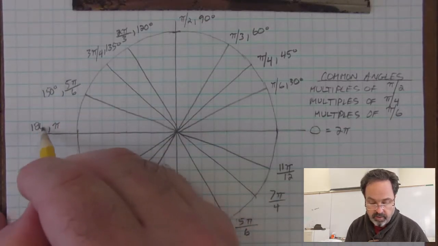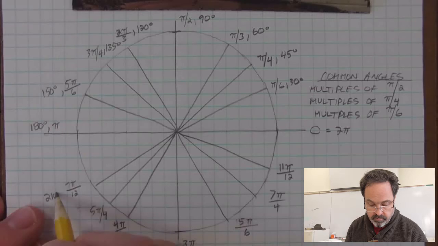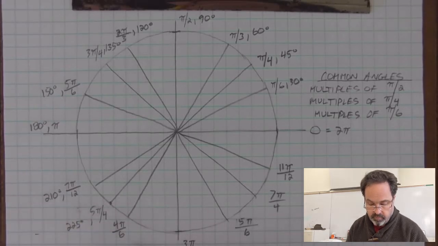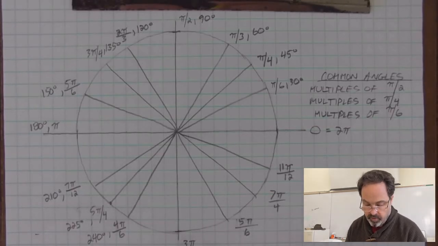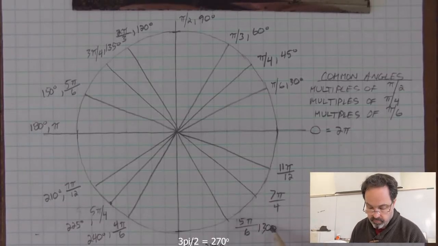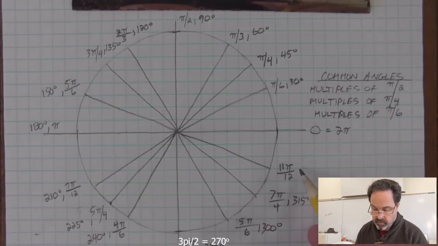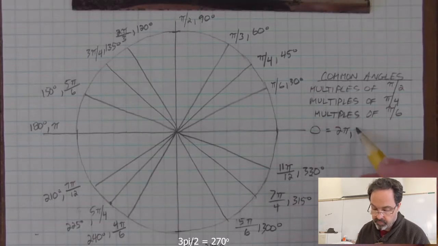Pi is 180 degrees. 7 pi over 6, 210. 5 pi over 4, 225. 4 pi over 3, 240. 3 pi over 2, 270. 5 pi over 3, 300 degrees. 7 pi over 4, 315. 11 pi over 6, 330 degrees. And then 30 degrees more makes 360.